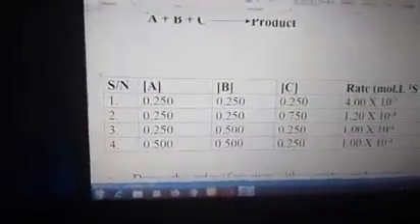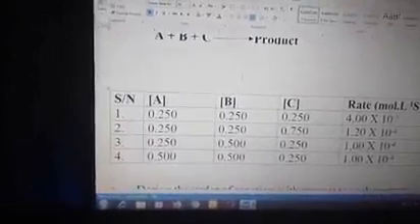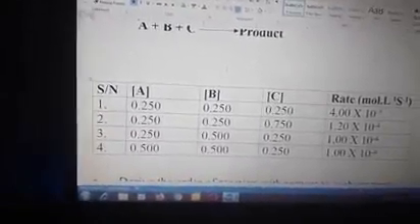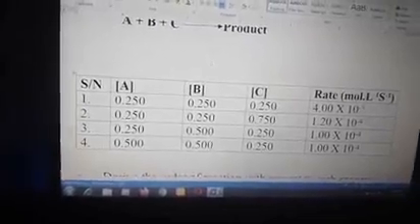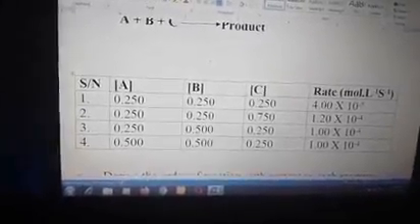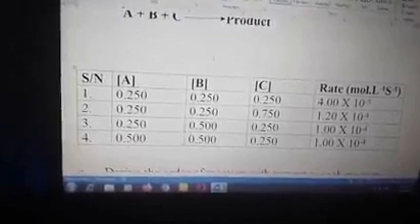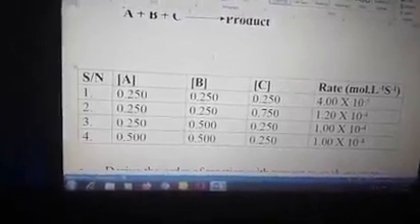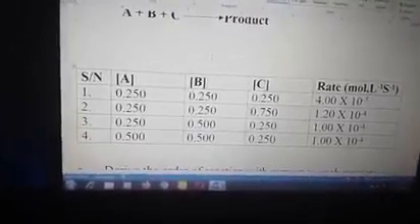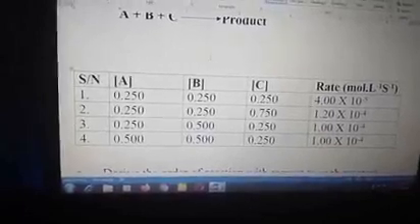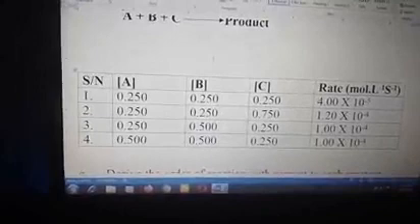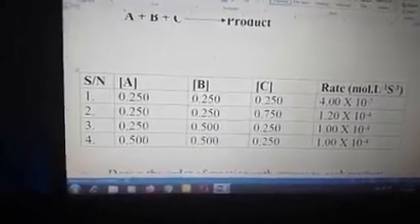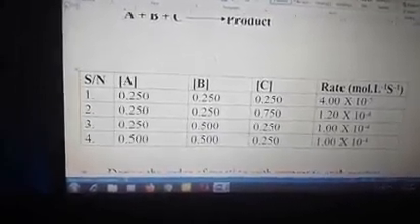Look at experiment 1. Experiment 1 has A 0.25 concentration, B 0.25 and C 0.25. Experiment 3 has A 0.25, B 0.50 and C 0.25. You look at 1 and 3, you see that the concentrations of A and C are the same in both 1 and 3, while that of B is different.